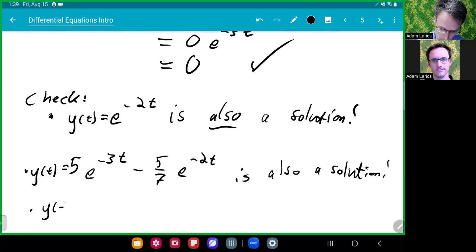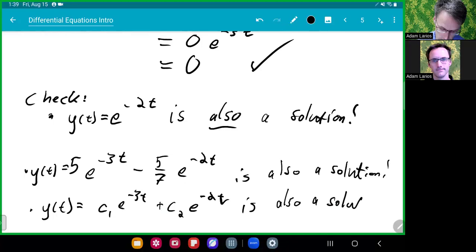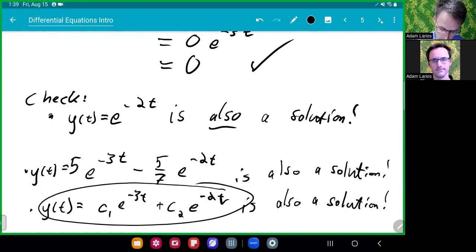That all are of the form, some constant, we'll call it C1, e to the minus 3t, plus some other constant, e to the minus 2t, is also a solution. So all of these things are solutions. And we'll be able to prove a little bit later in the course that all solutions to that equation come in this form for different constants, C1 and C2.